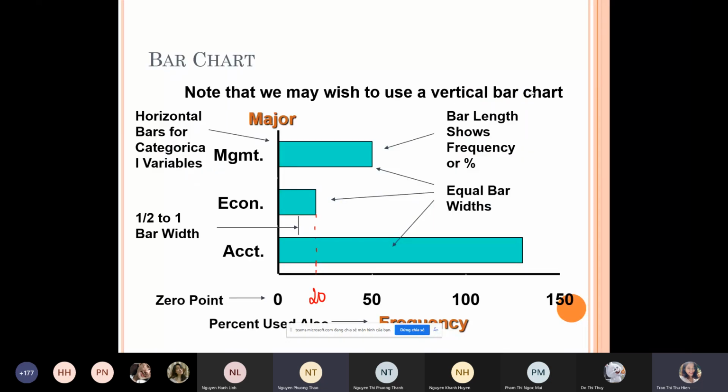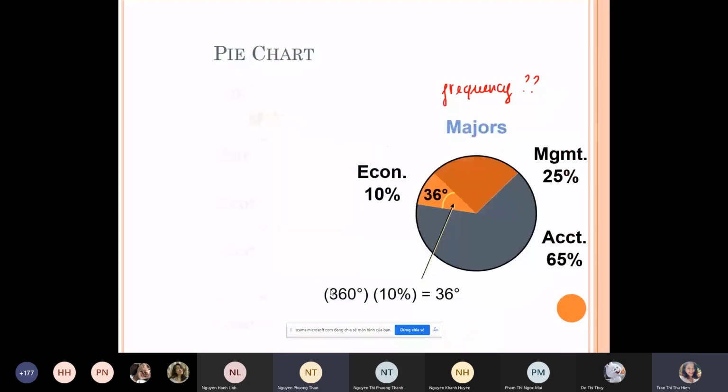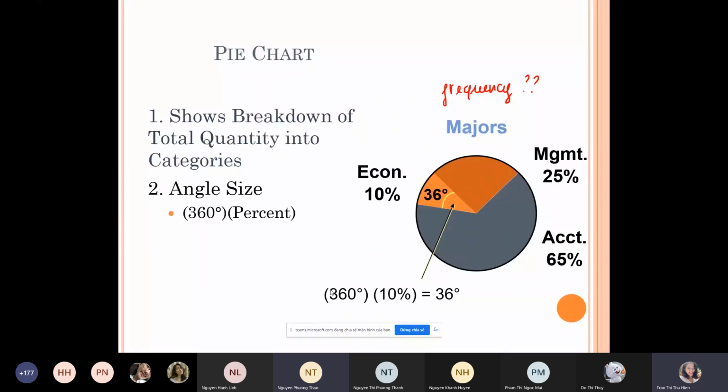You just list how many people joining management majors, right? You can show the number only. We count and show it in the bar chart. But for the pie charts, we cannot use the frequency. We have to use the proportion, because the whole circle in here is 360 degrees, right?